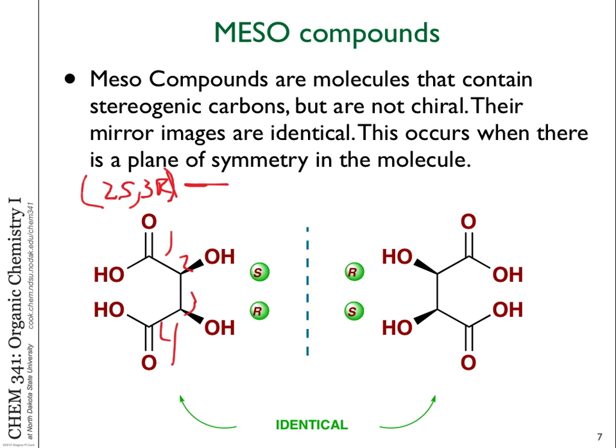Well, look at the mirror image of this molecule. If you take the mirror image, this stereocenter would flip from S to R, and this stereocenter would flip from R to S. Okay? But since the molecule has higher symmetry, we could actually name it exactly the same because all the groups are identical, and I could number it 1, 2, 3, 4 like that, and I would still have 2S, 3R.